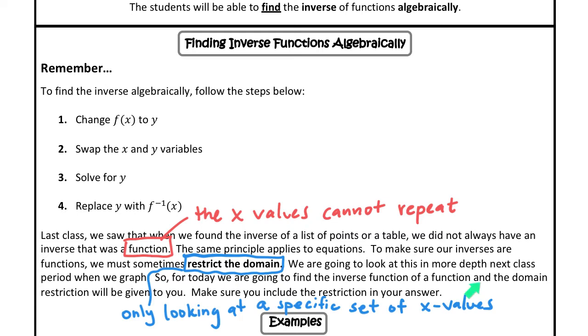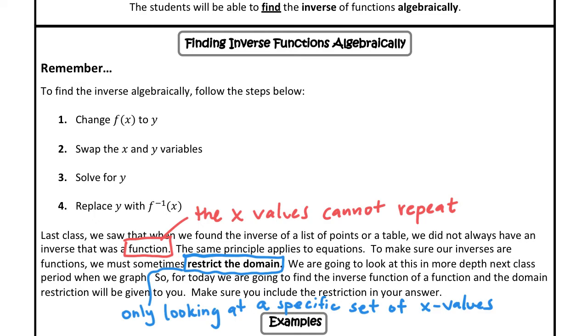When we look at more of the graphing in inverse next class, then it'll make more sense. Make sure to include the restriction in your answer. Again, the restriction is going to be given to you, but make sure to include it in the answer.